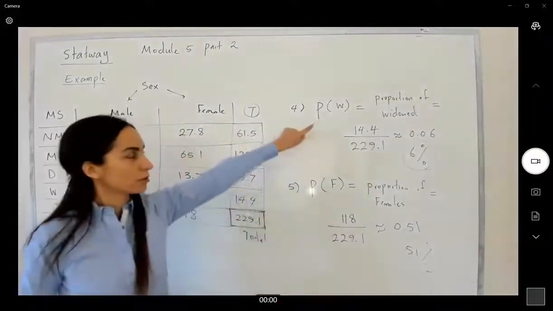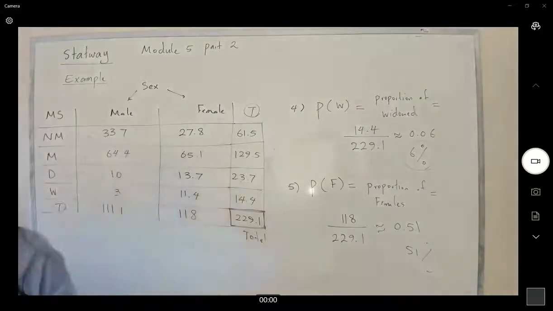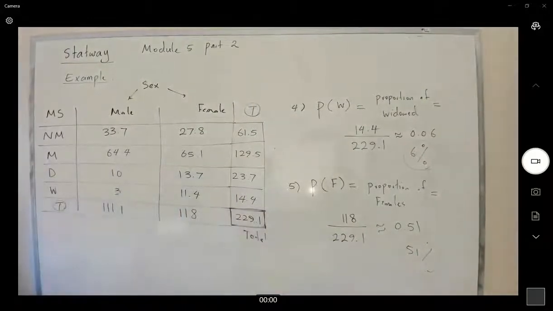So finding the probability means that we have to use the proportion. Thank you, Anna, thank you, Marco.